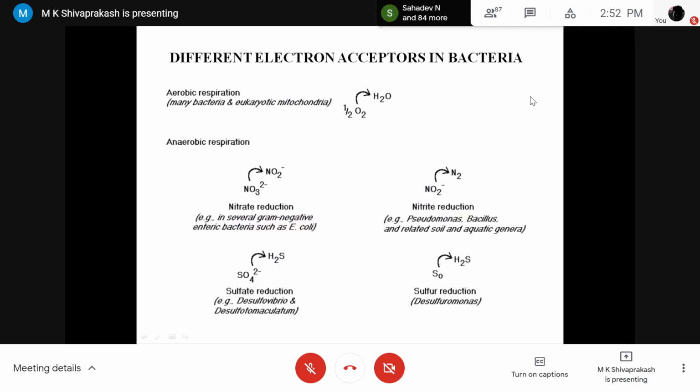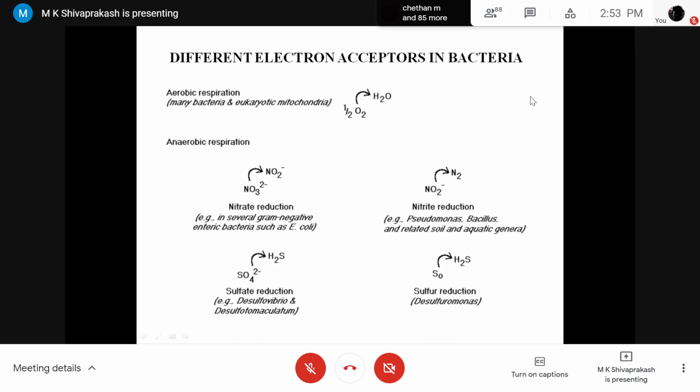And this shows aerobic and anaerobic respiratory organisms, with details about the different kinds of electron acceptors that are used.